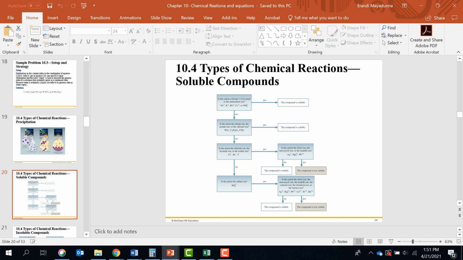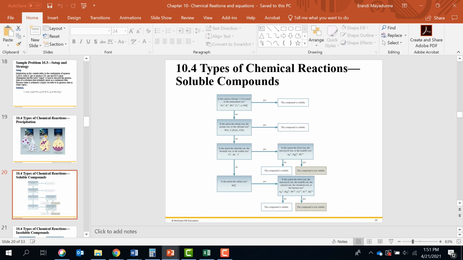That means silver chloride, silver bromide, silver iodide are insoluble. Mercury chloride, mercury bromide, mercury iodide are insoluble. But if the chloride is with sodium, magnesium or zinc, they are soluble.